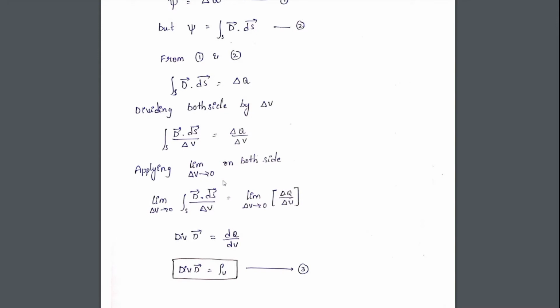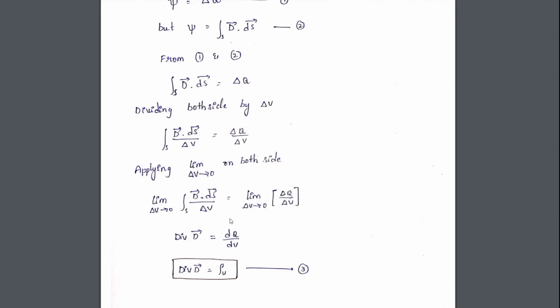Gauss law you have to assume. Then the charge Q is taken as delta Q, and then you have to divide both sides by delta v, and take limits as delta v tends to 0.